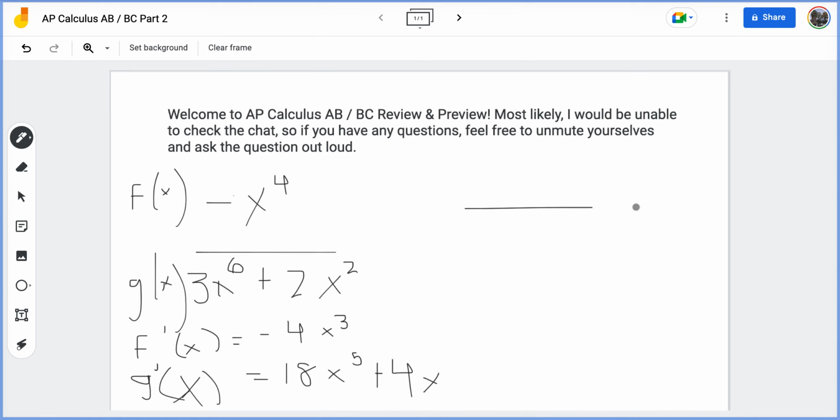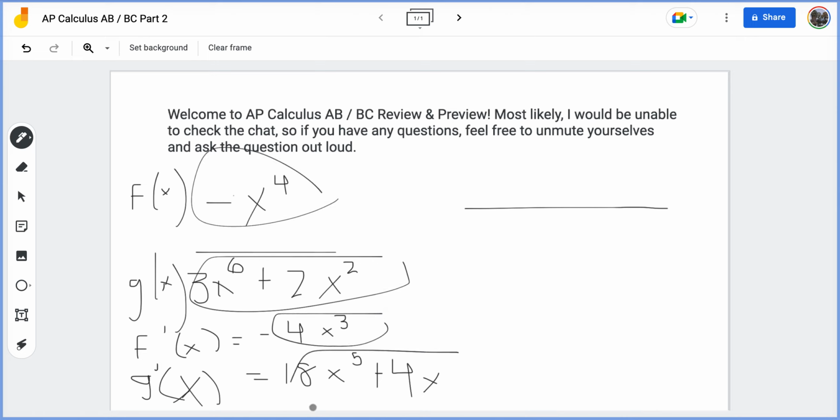So now, what was the formula? It was g of x times f prime of x, so that times that, minus f of x times g prime of x, all over g of x squared. That's going to take a lot of space and time to write out, but that's basically the process of how you would solve that problem.